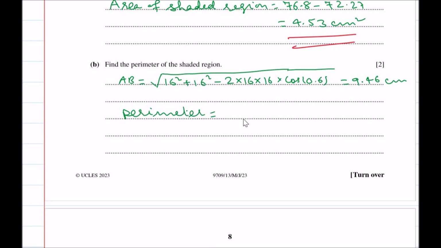Perimeter equal to 9.6 plus 9.46. What is that? 9.6 is the arc length and length of AB is 9.46. So we need to add both. That will be giving us the perimeter. So we get 19.06.